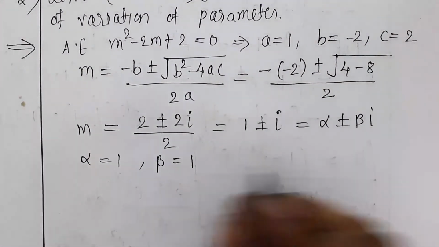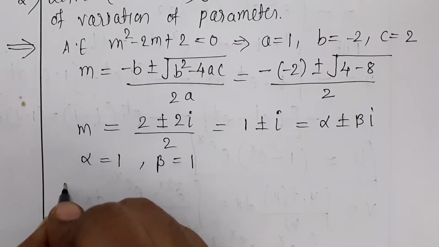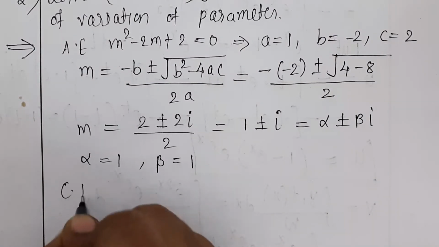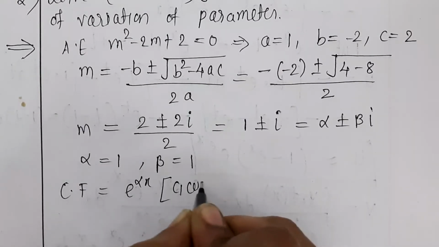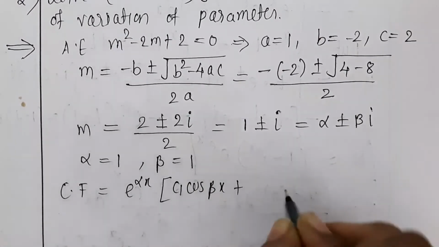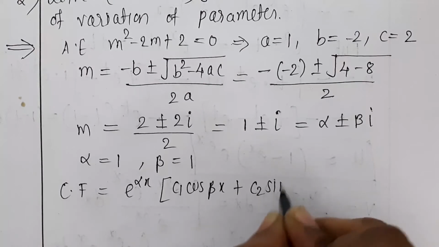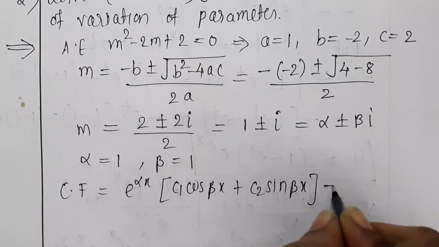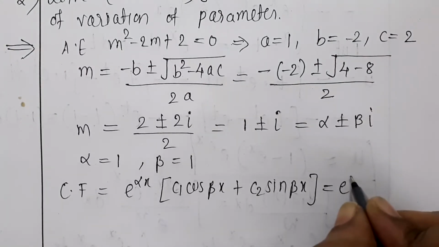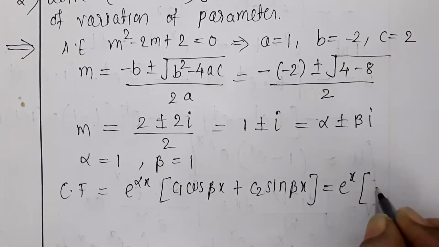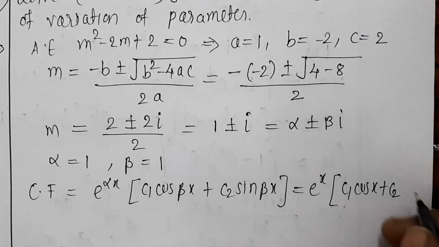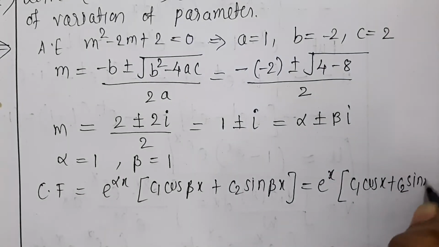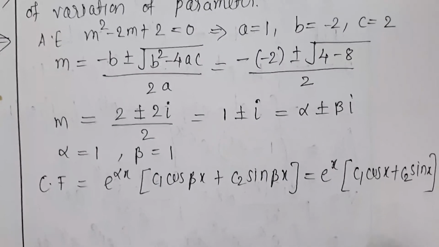If alpha is 1, beta is 1, then CF can be written as e to the power alpha x in bracket c1 cos beta x plus c2 sin beta x. So e to the power alpha x, alpha is 1, e to the power x, c1 cos x plus c2 sin x.